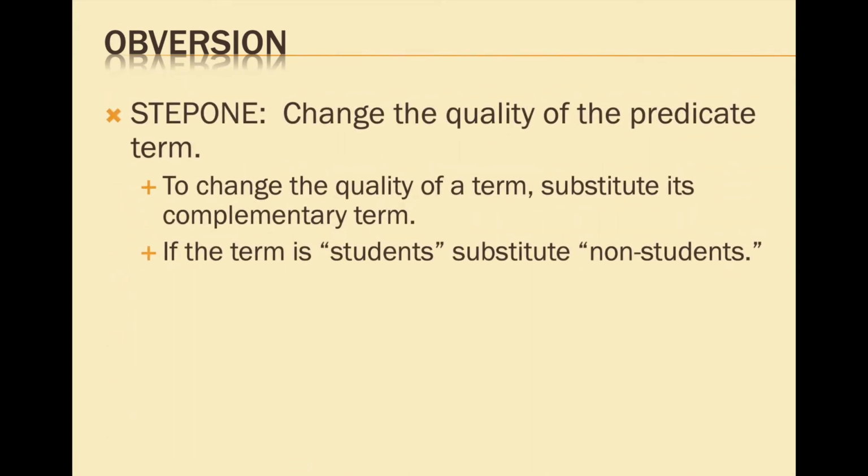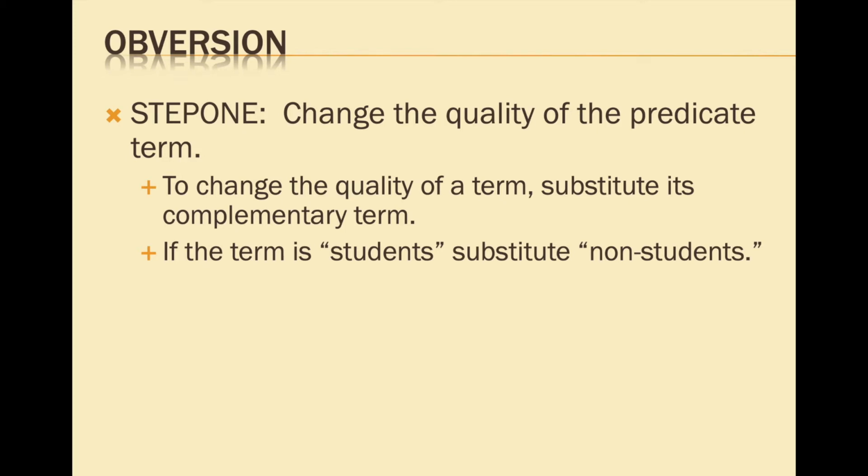In the first step, you change the quality of the predicate term, right? So remember, we've talked about how every term which participates in a universe of discourse also has a complementary term, so that the term and its complement together make up the universe of discourse.